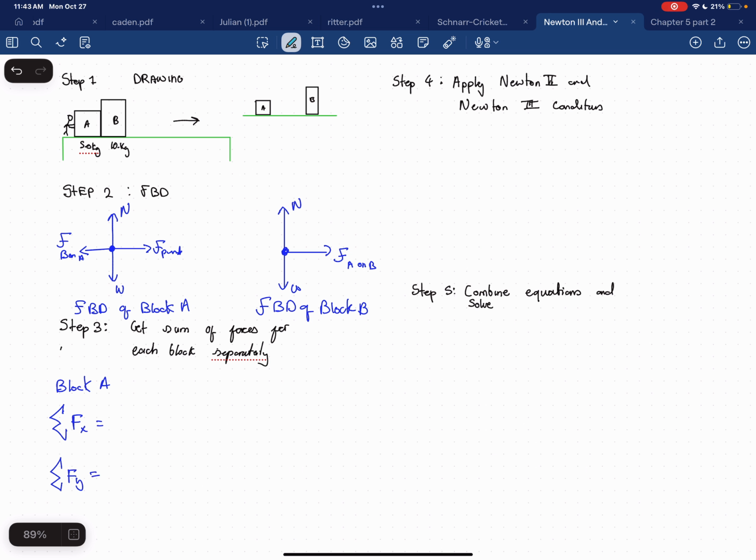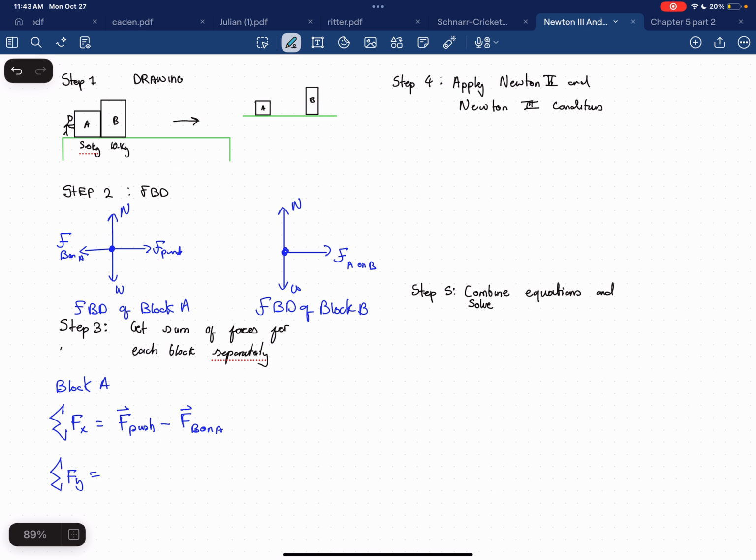Forces in the X direction, what do I have? I have F push for A. And then what else do I have? In the negative direction, I have F of B on A.